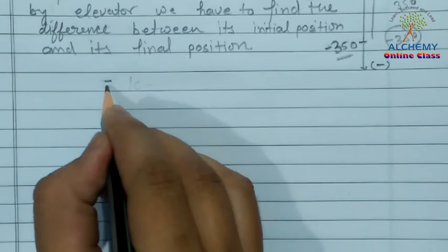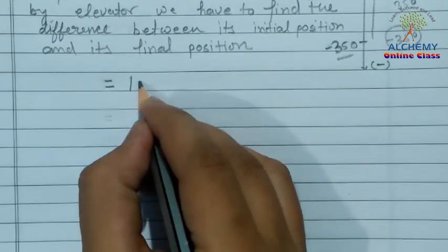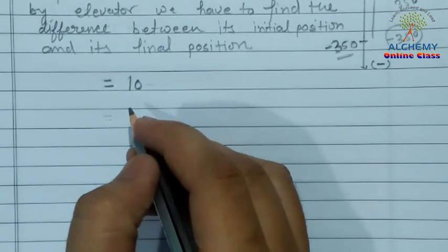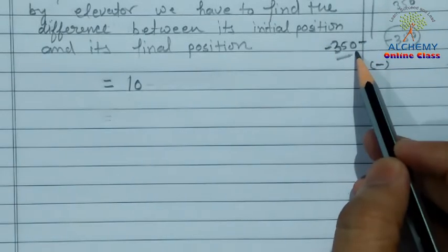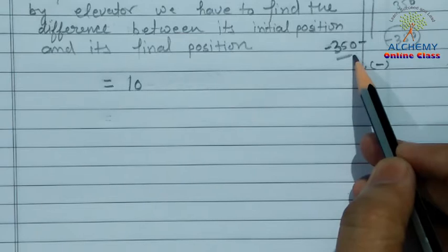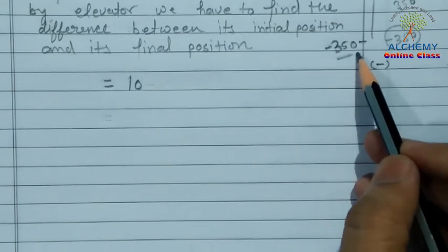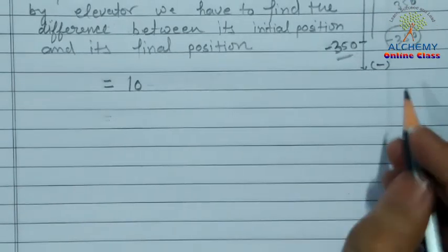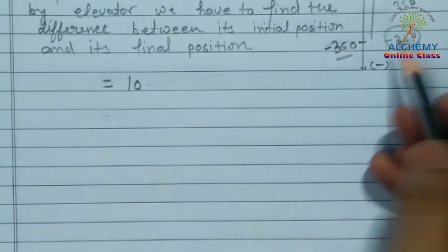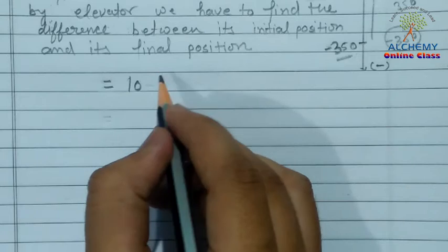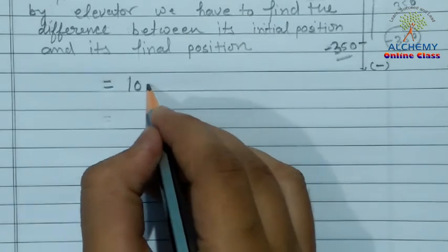So what was its initial position? It was 10 meters above the ground. And what was its final position? It was minus 350 meters. Minus 350 meters means it was 350 meters below the ground level. We are going to subtract this minus 350 from 10 to find the total distance traveled by the elevator.